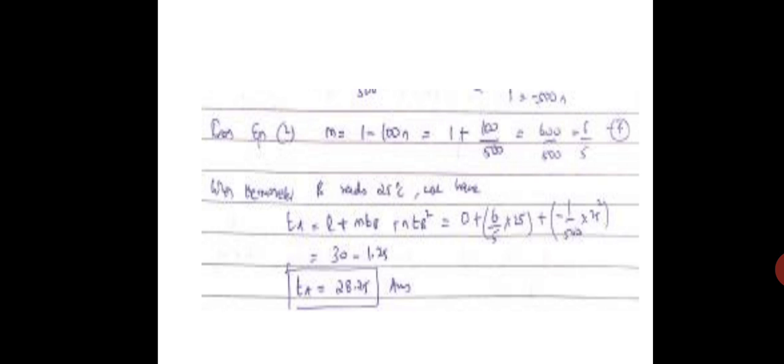Substituting this, we get the value of L, then we find the value of n, and because m is in terms of n, after finding n I get the value of m as 6/5. L I got as 0, and n I got as −1/500.